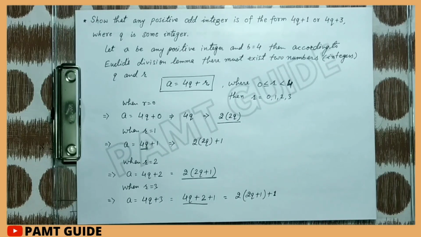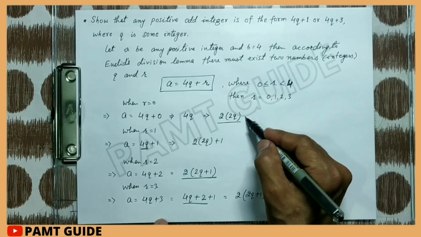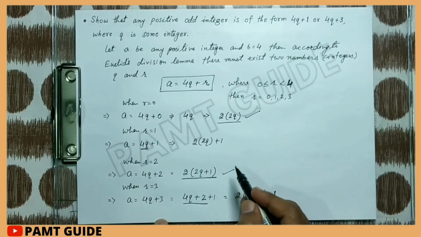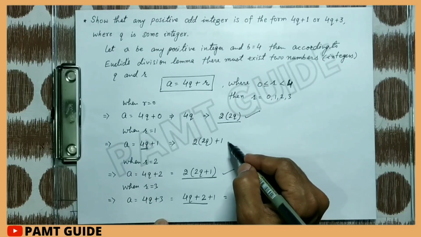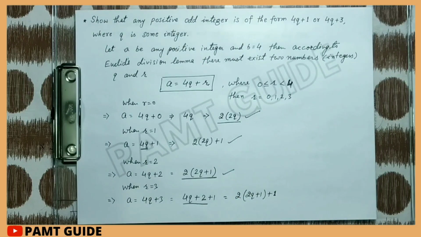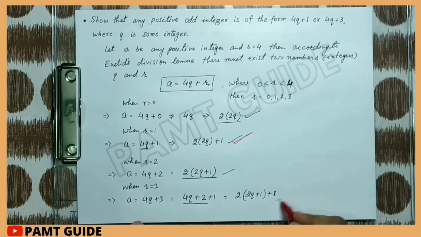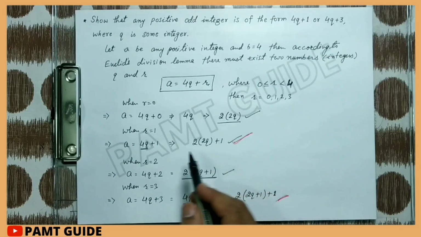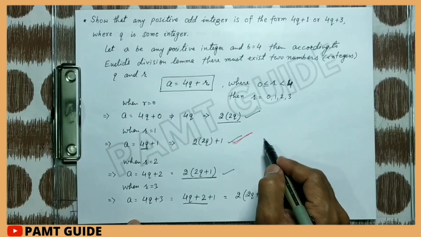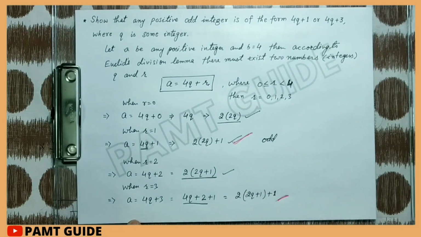So we are seeing that the first two numbers are multiples of 2, but the other two numbers are not multiples of 2. So it is clear that it is odd and it is also odd.